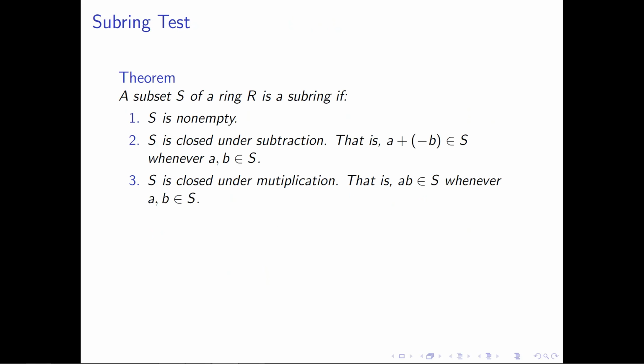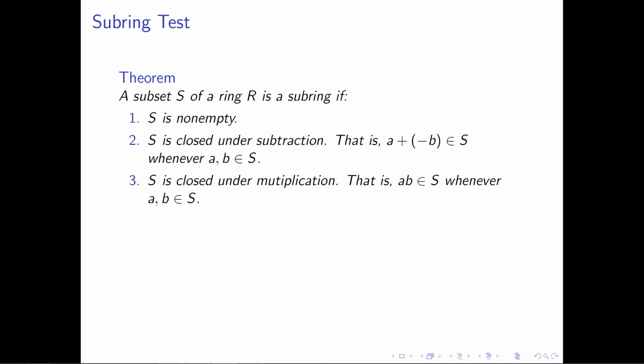Now, if we wanted to check that a particular subset of a ring happened to be a subring, one way that we could go about doing this is to prove first and foremost that S forms a ring. And the next thing we could note is that it forms a ring under the exact same operations. However, if we are going to check directly from the definition that we gave of what a ring is, we're going to have to check a lot of properties.